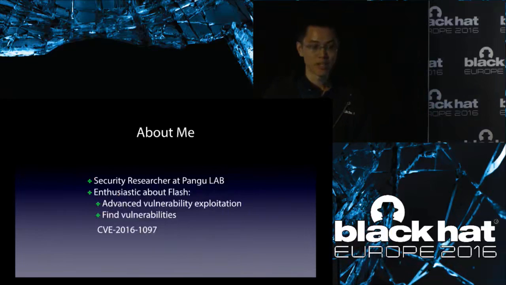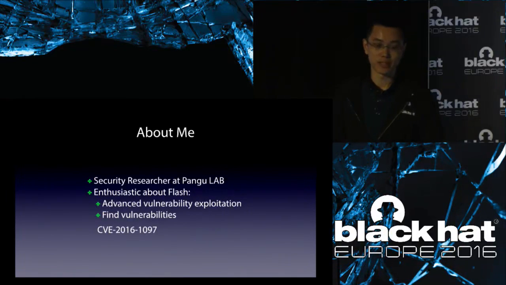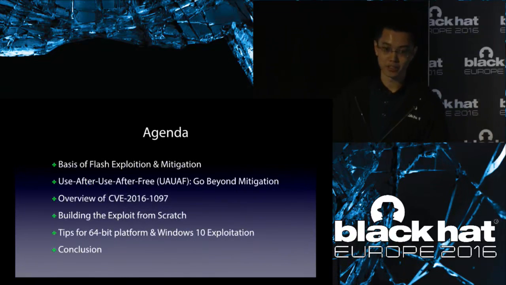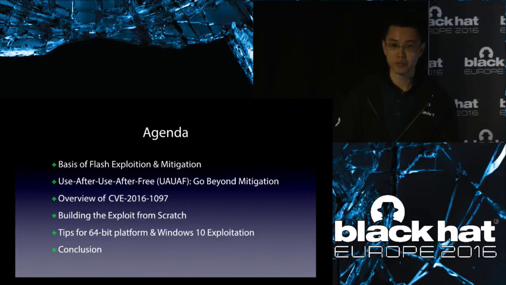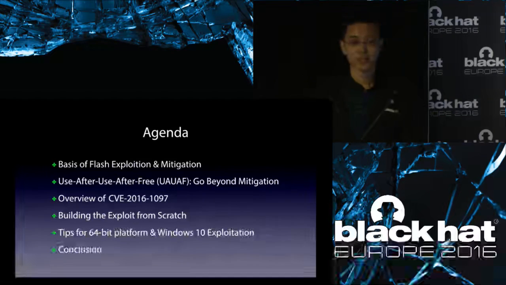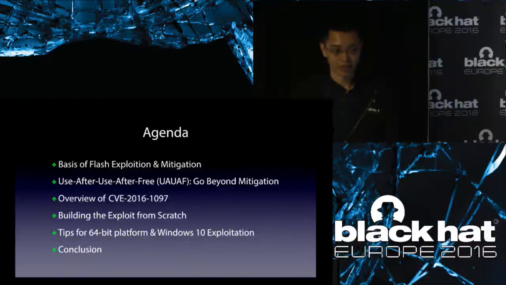The method we're going to talk about today was developed during the research of CVE-2016-4197, which is a use-after-free I discovered and reported to Adobe this May. So here's the agenda of my speech. I will start by introducing the basic ideas of how classical Flash exploits work and how recent mitigations prevent the classical trick.